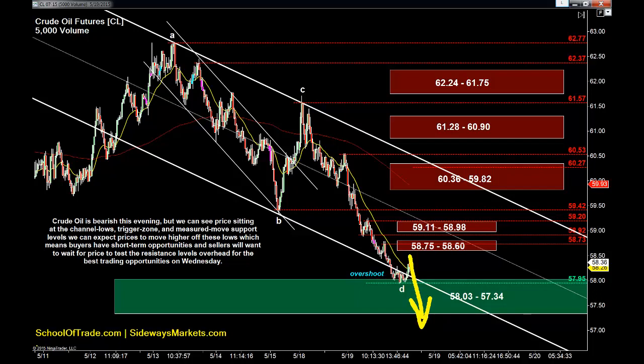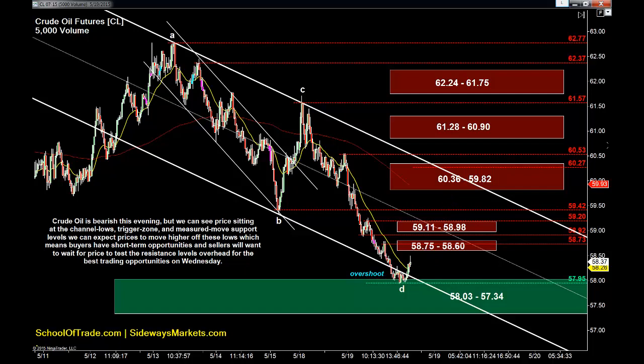We're well oversold if this price keeps pushing lower. If it keeps pushing lower, the smart traders are going to be waiting for those sellers to start failing and then get the snapback going back up, right? So if we try to go lower here, one, two, sellers fail, get that snapback up.